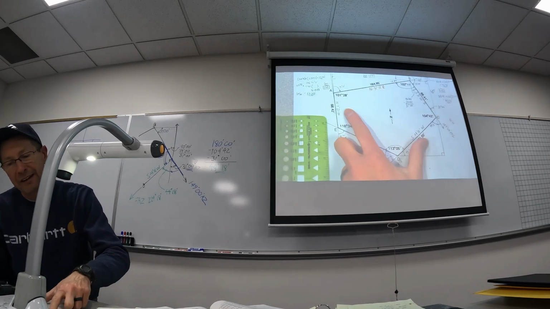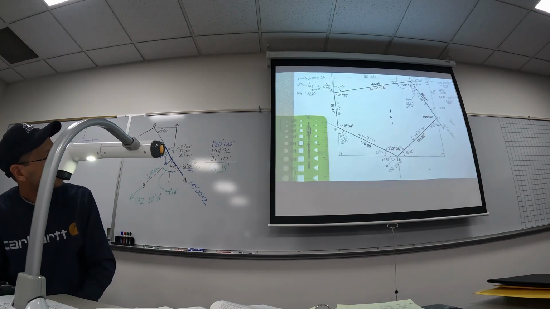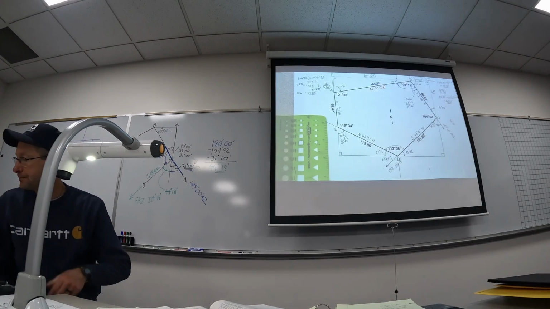And then if you want to jot it down, there's our last. That little sliver is a real slight tip. 47. Yep. 68. North 7 and 21.